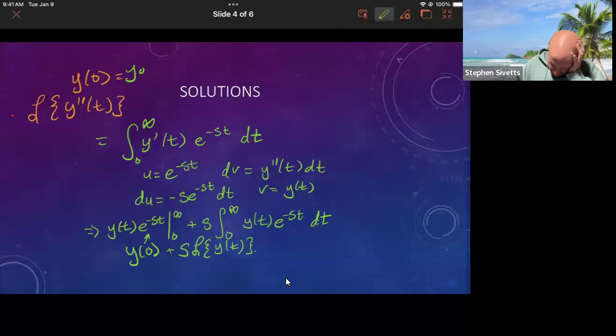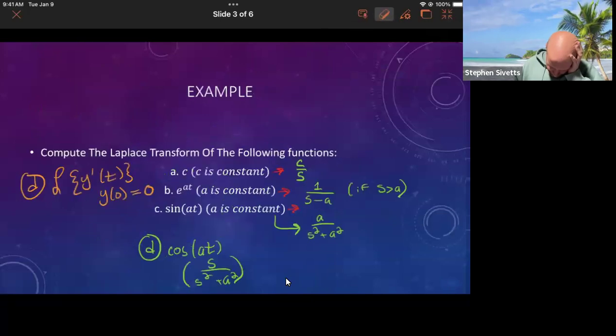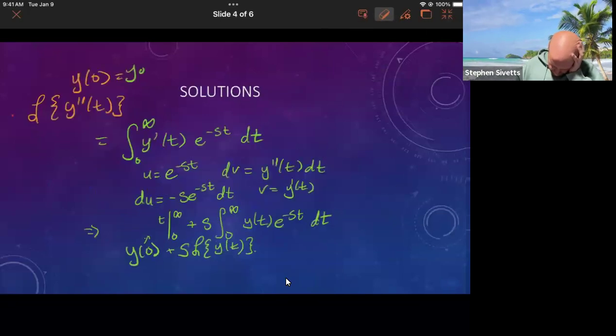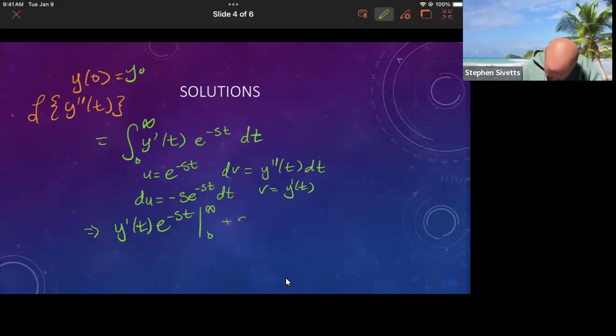So this is y double prime, y prime, and so what this turns out to be by integration by parts, this would be y prime of t times e to the negative st from 0 to infinity, plus s times the integral from 0 to infinity of y prime of t times e to the negative st dt.